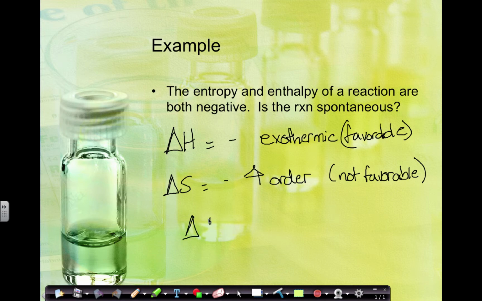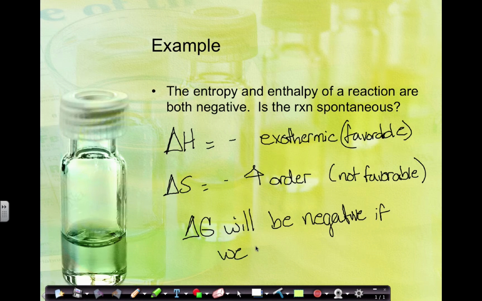So delta G will be negative if we have a low temperature, and that means it will be spontaneous at a low temperature. If it's at a high temperature, the reaction is not going to be spontaneous.